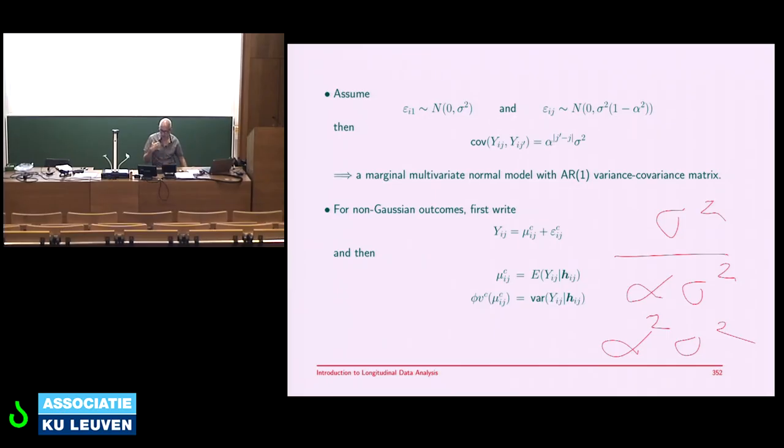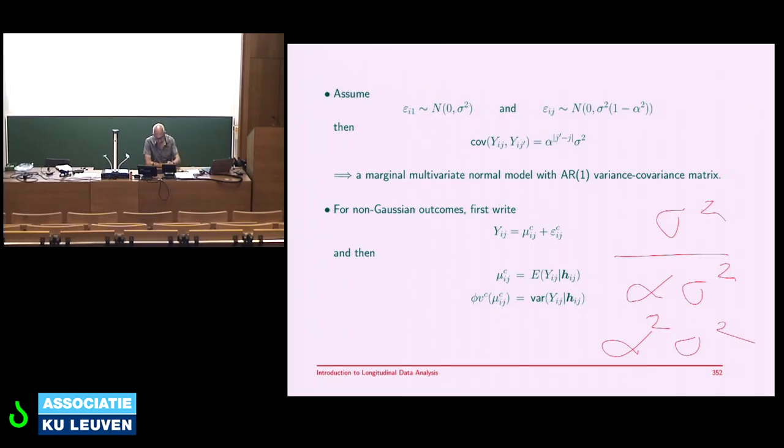Now you may say, correlation going to 0 is unrealistic, but correlation remaining exactly the same throughout history is equally unrealistic. So there are models that combine both of these features. The general linear mixed model framework allows for that, so that you have a little bit of correlation that goes away, and a little bit of extra correlation that doesn't go away. We call that then serial correlation, indeed.